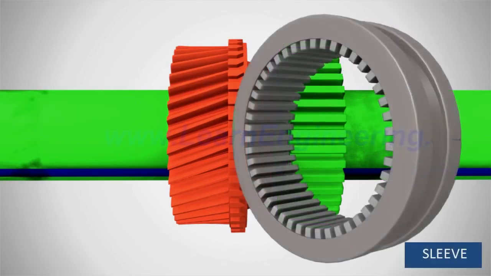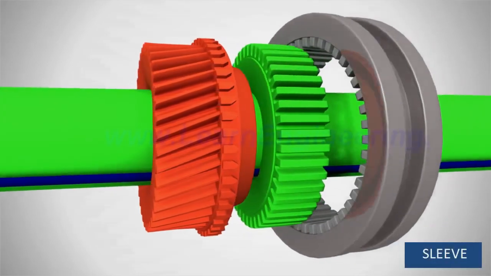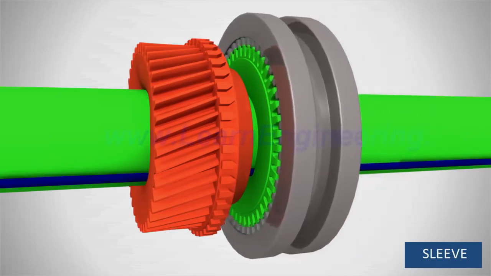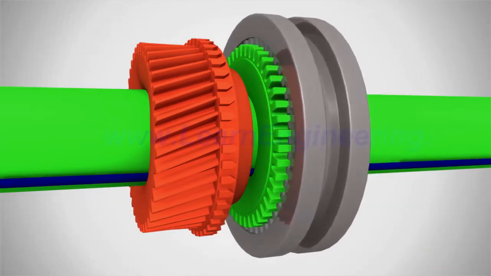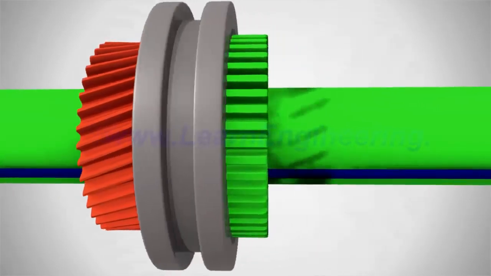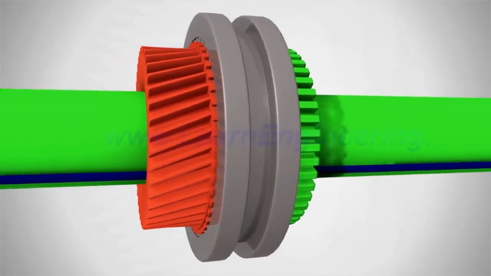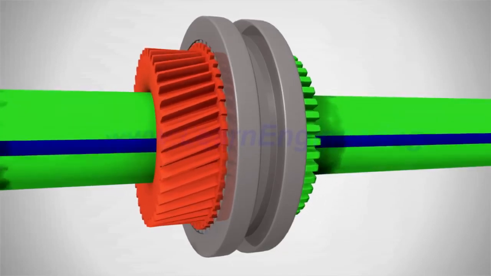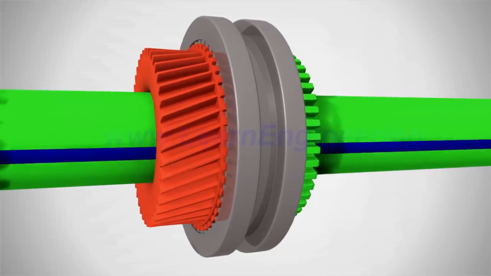A sleeve that is free to slide over the hub is also used in this system. It is clear that, if the sleeve gets connected with the teeth of the synchronizer cone, the gear and shaft will turn together, or the desired locking action will be achieved.